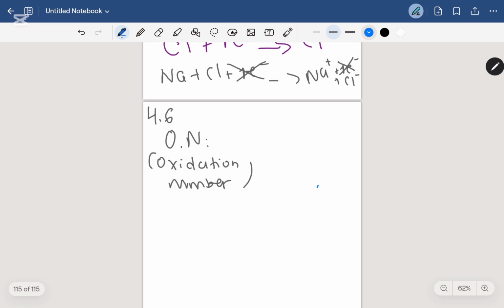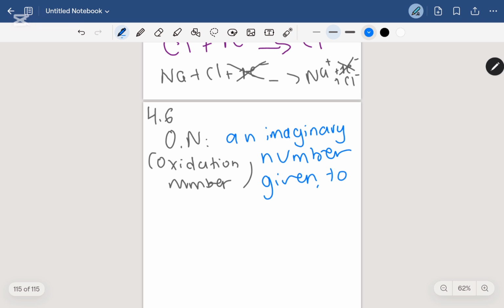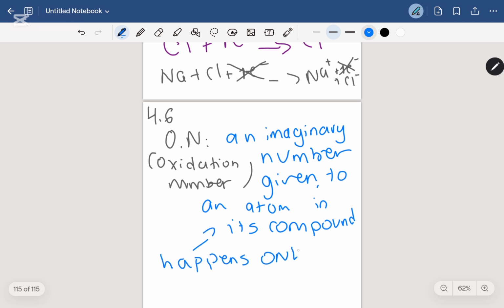In other terms, oxidation number means an imaginary number given to an atom in its compound, and of course this happens only if charge is shared.